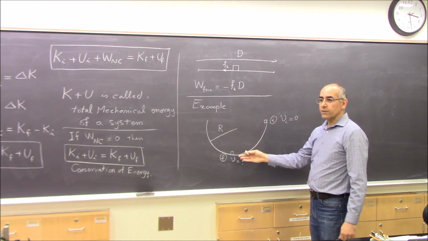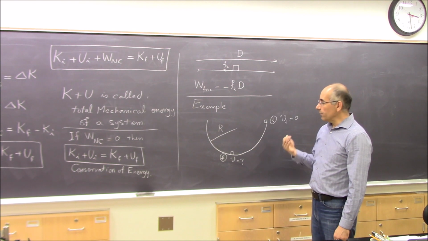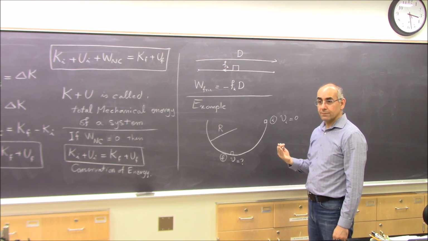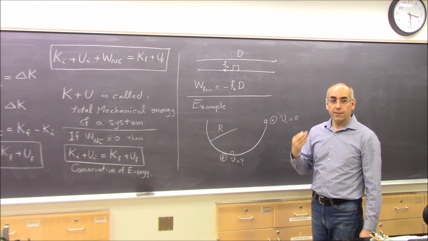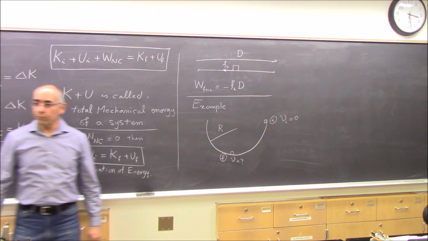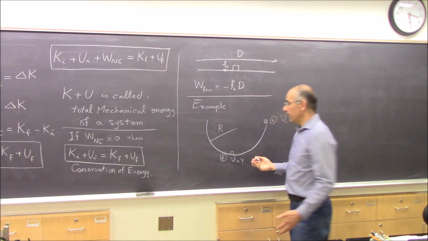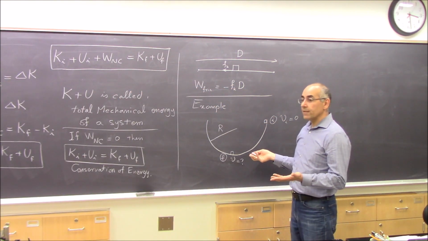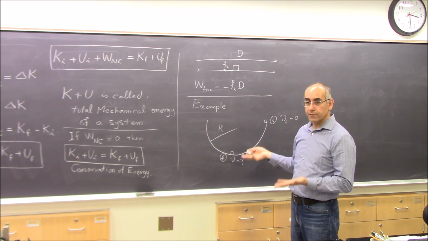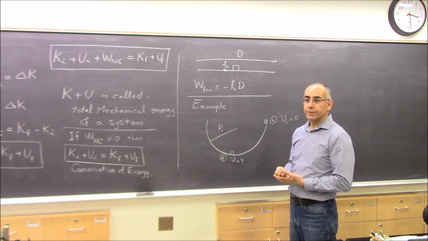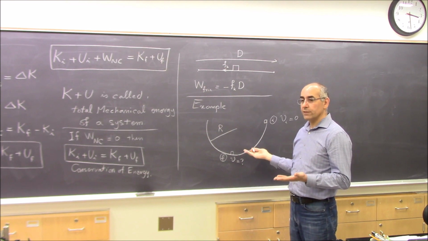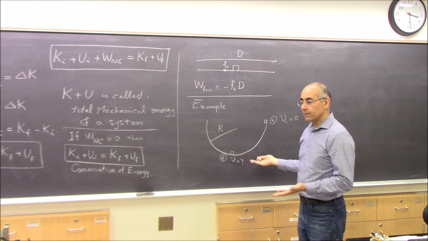Of course, there's force of gravity, right? In order to measure potential energy, we need to have a y-axis, because potential energy is mgy. There's no meaning if you don't have y. So you have to set up a coordinate axis. And that's up to you, where you want to put the y equal to 0, and it has to be upward. Where is your 0 level? The bottom of that circle.